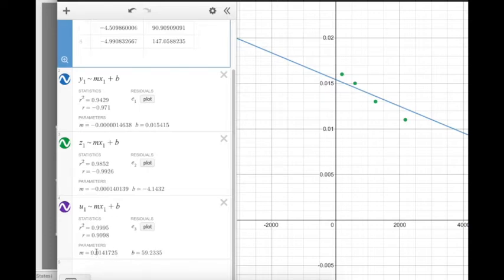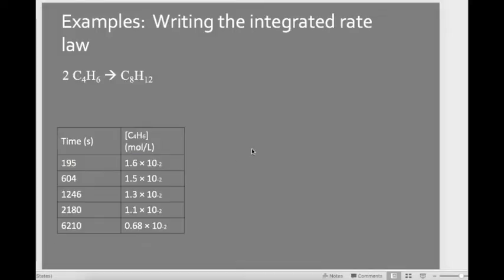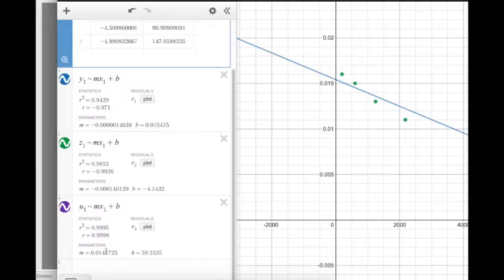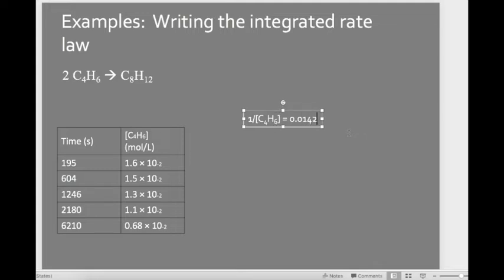And then here is my slope, and slope for second order is equal to the K value, 0.01417. So I can now write the integrated rate law. 1 divided by the concentration of C4H6 is going to equal my slope, which was 0.0142 times time plus 1 divided by my initial concentration of C4H6.